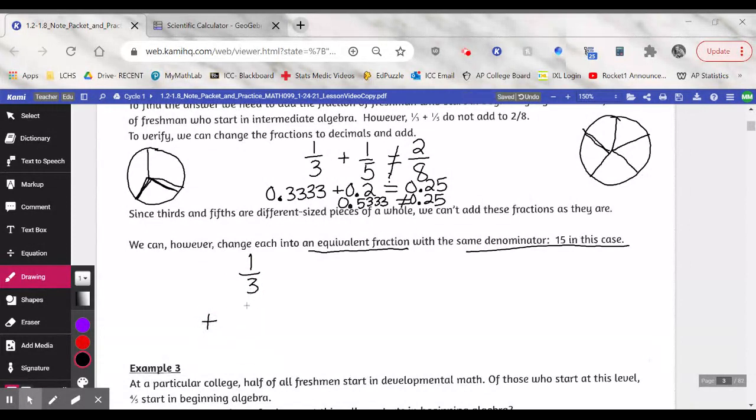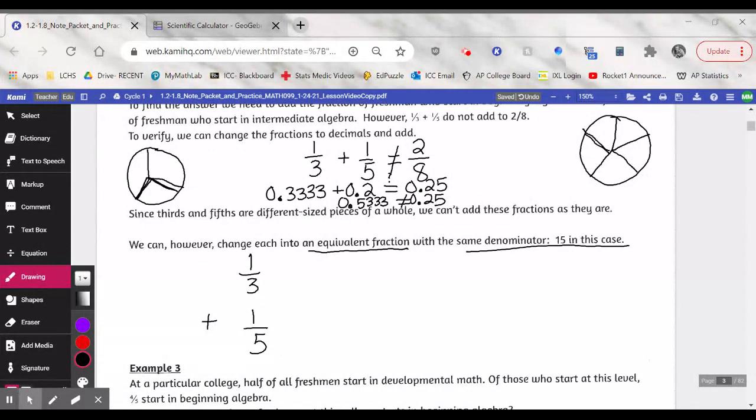A fraction is equivalent if it can be simplified into the original form, or one of the other forms. If we multiply the top and the bottom of a fraction by the same number, you will get an equivalent fraction.